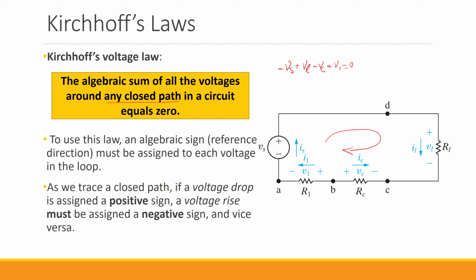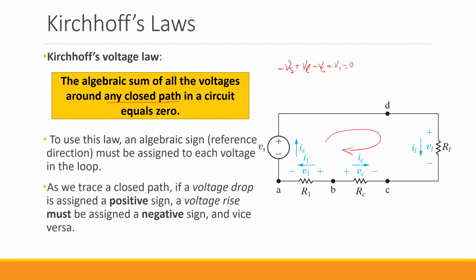So what if you want to do it the complete opposite? Anytime you hit the negative sign, you use a positive sign to represent that value. Let's do that and see what we get. I start again at node A. I get to this independent voltage source. I hit the negative side of it.